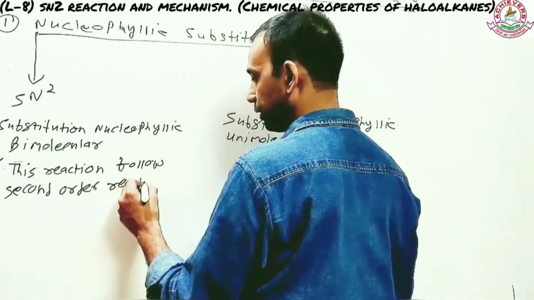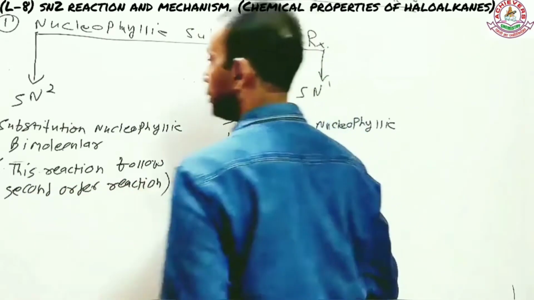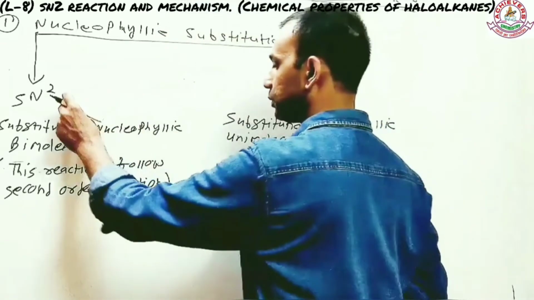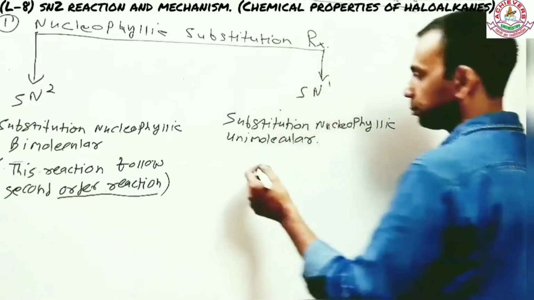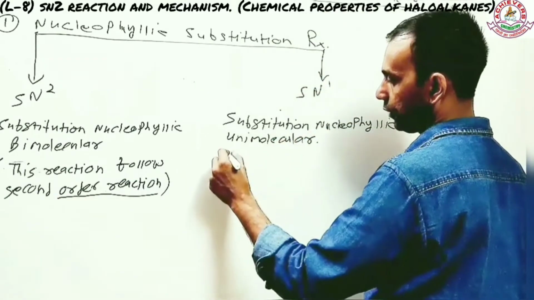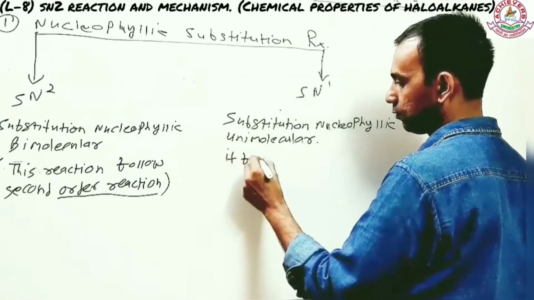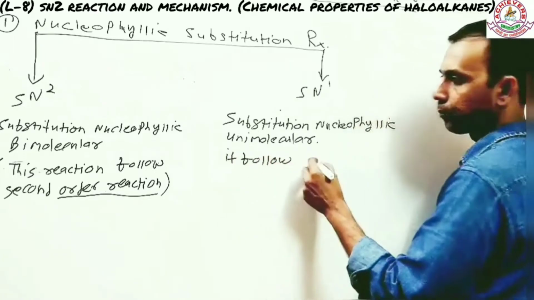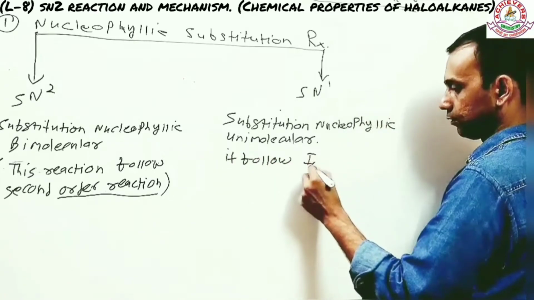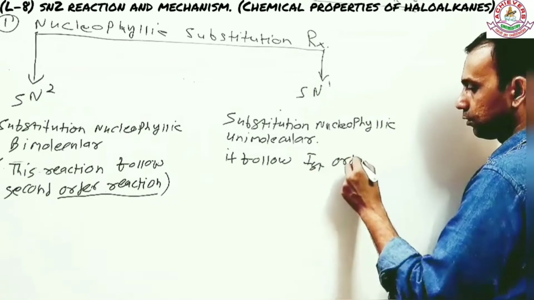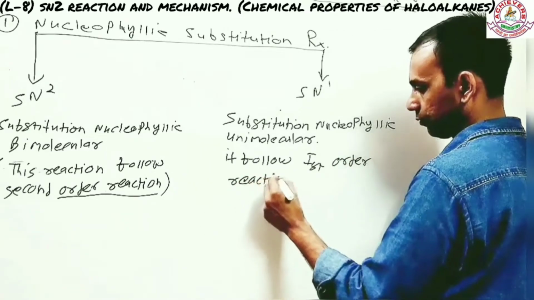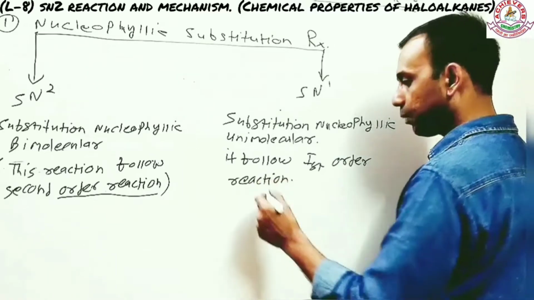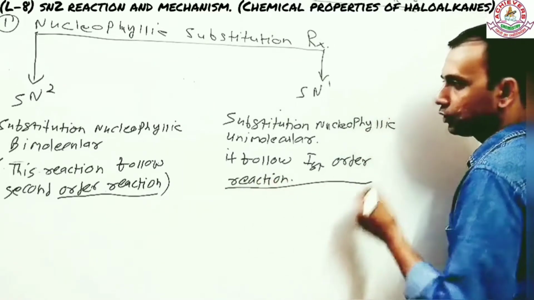If you remember this from chemical kinetics, only then you will be able to get what this 2 means here. So this 2 represents the order of reaction. Similarly, this represents that it follows first order reaction. What does it mean? That the order of reaction is 1.